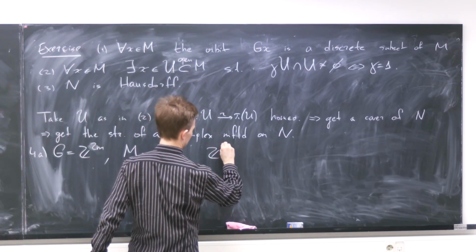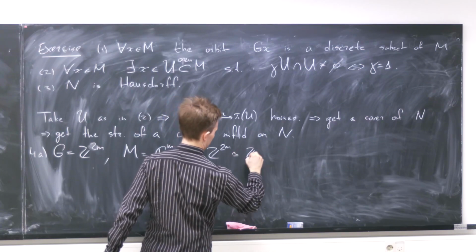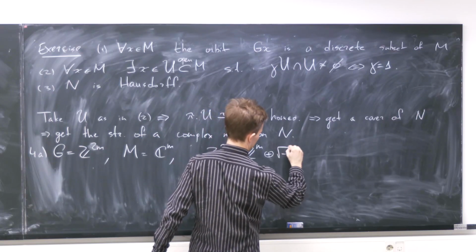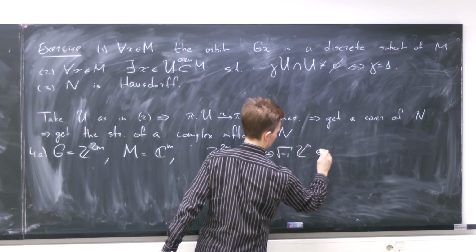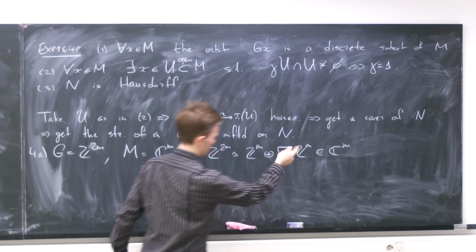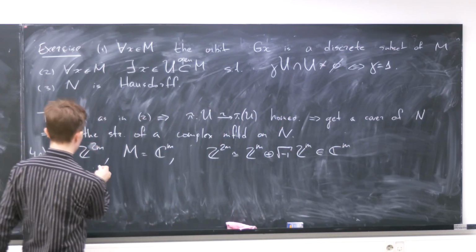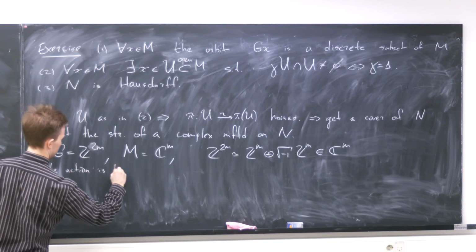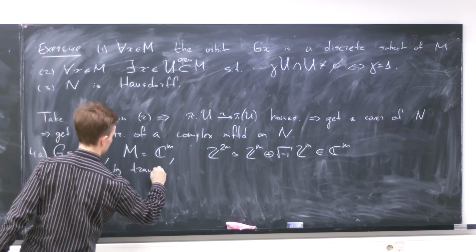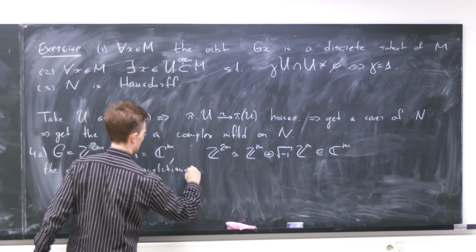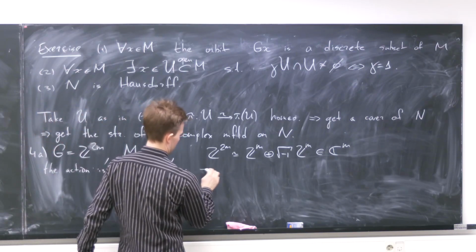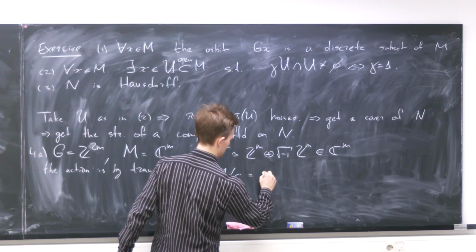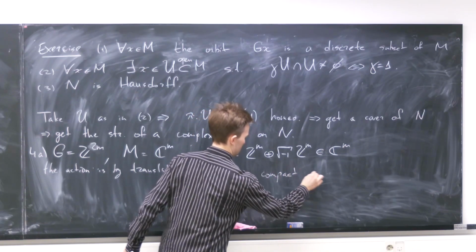It is embedded into C^m as a lattice, for example like this, and it acts by translations. So the quotient M mod G is a compact complex torus.